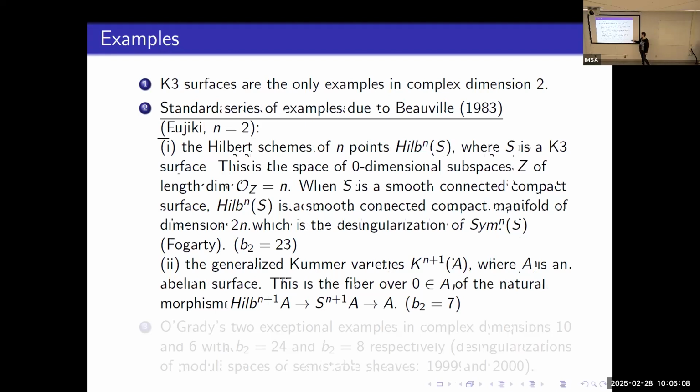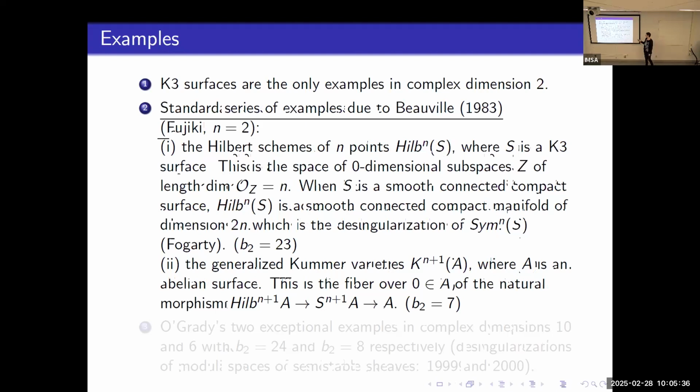So you have the Hilbert-Chow morphism, because the Hilbert scheme resolves the singularities of the symmetric product, and then furthermore you have this summation map to the abelian surface A, and then you take a fiber over a distinguished point, let's call it the 0 point, and that's how you get generalized Kummer varieties.